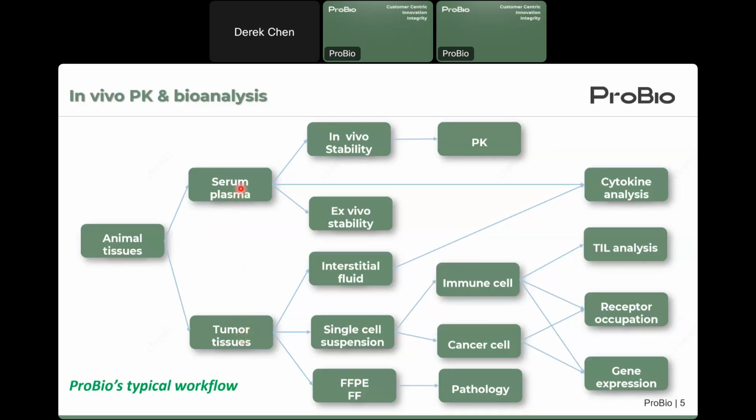The serum and the plasma will be directly processed for in vivo PK and cytokine analysis. Alternatively, the plasma from unchallenged animals can be used for ex vivo stability tests. On the other hand, the tumor tissue will be sent to cell profiling or preparation of FFPE for pathology studies.